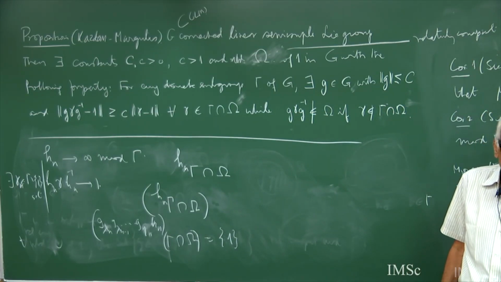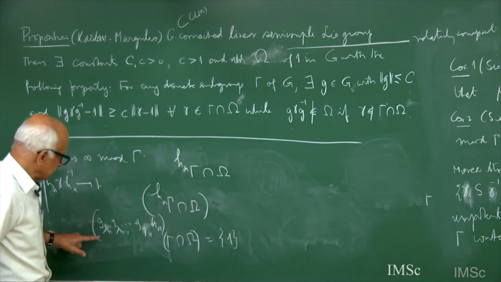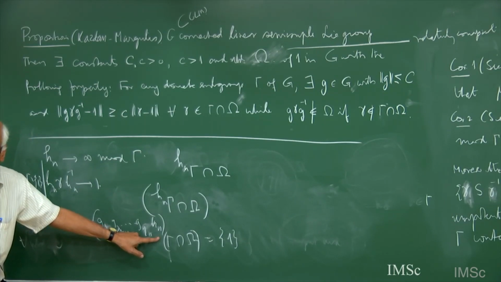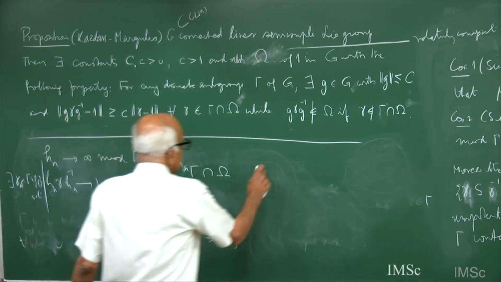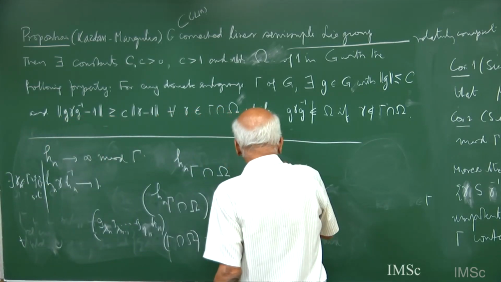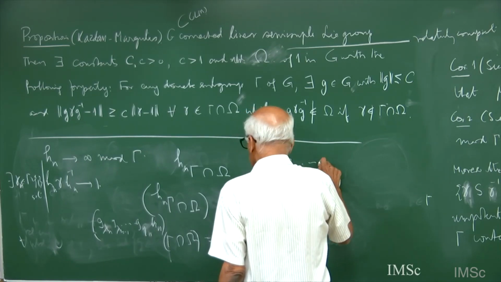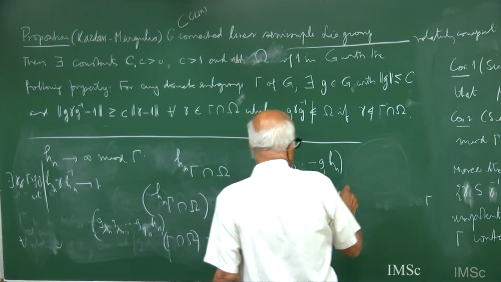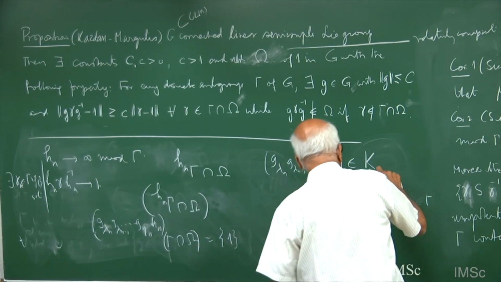Okay. This means this product g lambda n, g lambda n minus 1, etc., g1 hn is going to be relatively compact modulo gamma, in a fixed relatively compact set which depends on omega.